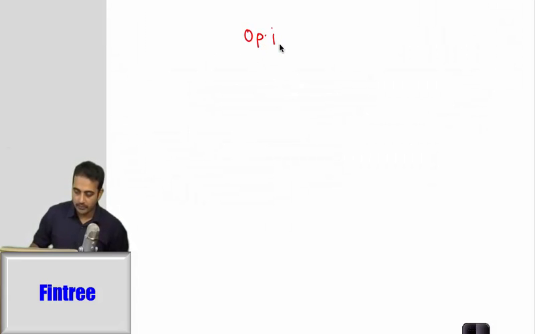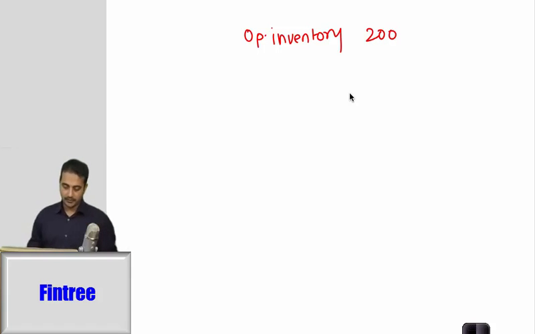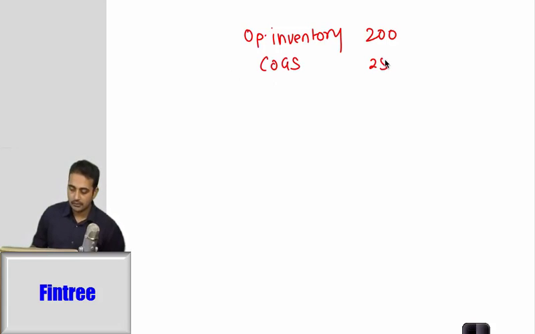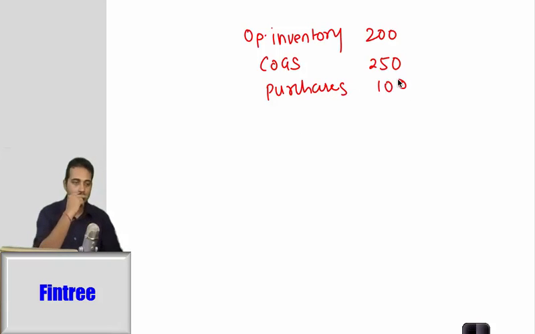Let us say opening inventory is 200, COGS 250, purchases 100. What should be the closing inventory? So closing inventory now is 50.